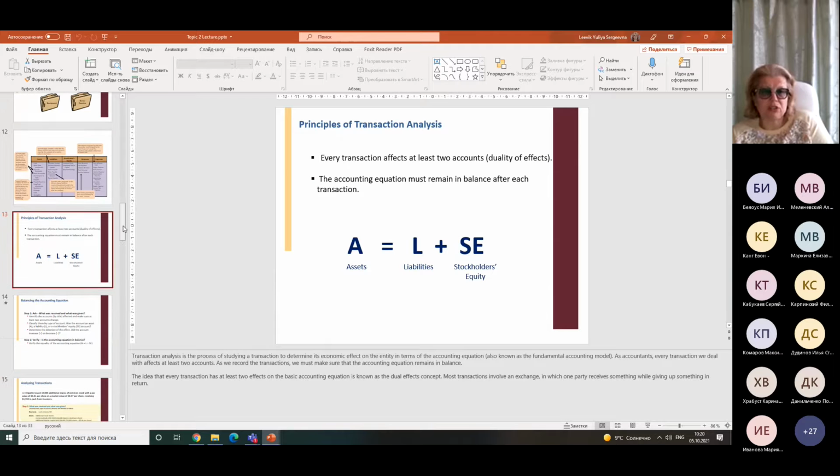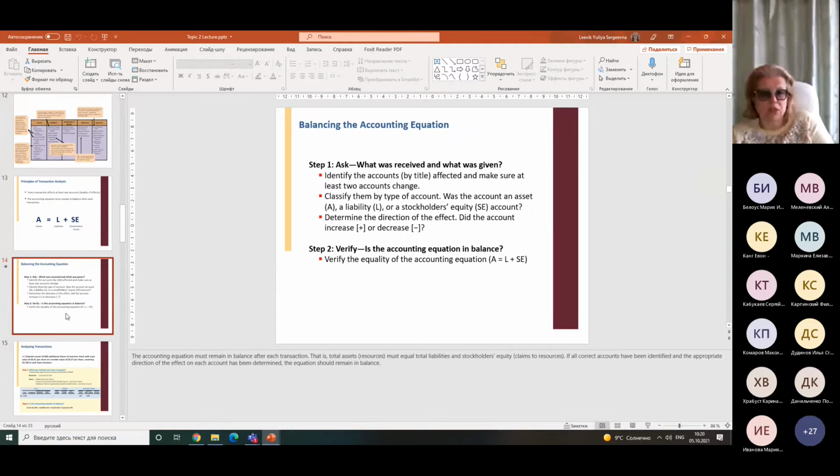So how to provide transaction analysis. This is a really important moment in the whole accounting course, to understand the dual concept of accounting. There are two steps in transaction analysis. The first step is to ask the question: what was received and what was given?